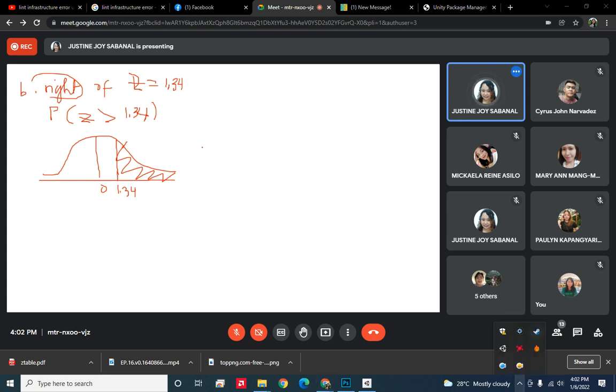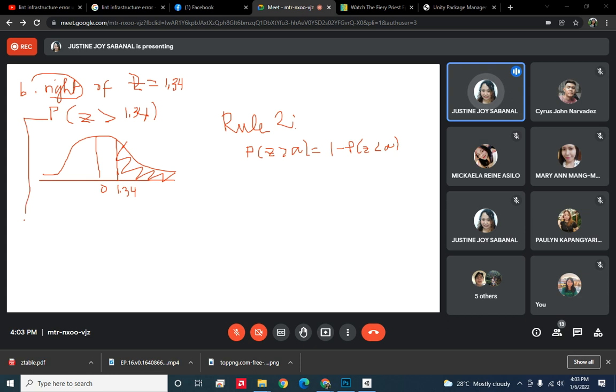Now, yung ating rule number 2 po, state there that probability of z greater than a is equivalent to 1 minus probability of z less than a.